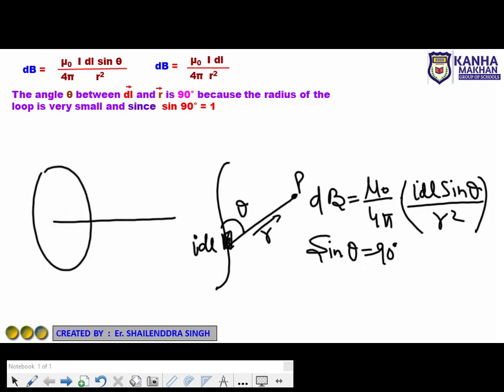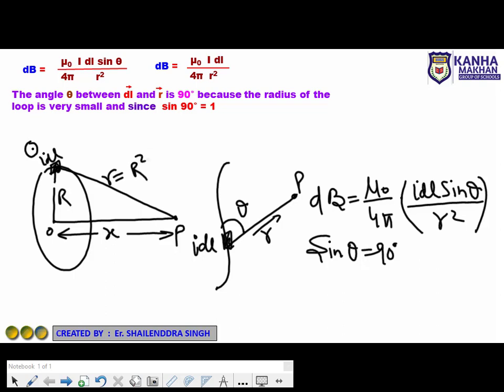It was the loop, and we want to find the magnetic field at the point P. At this position, the current element direction is outward. This distance is the position r, and this other distance is the radius of the loop, and the perpendicular distance of the point P from the center of the loop is x. Therefore, small r is the square root of capital R square plus x square, as given according to the figure.